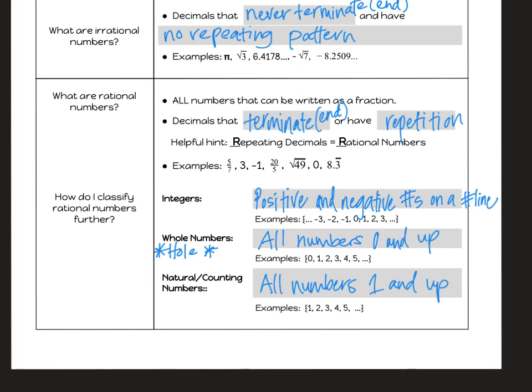And also just to note how these integers, whole numbers, natural numbers are different from other rational numbers is that these are not fractions or decimals.